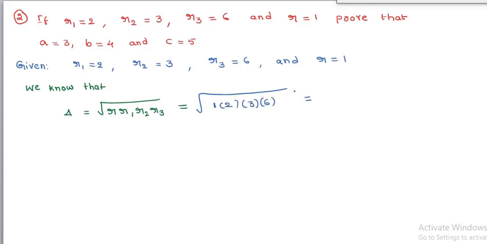Substitute the values. So 2 threes are 6, 6 sixes are 36, that is the value 6. So delta value is 6.